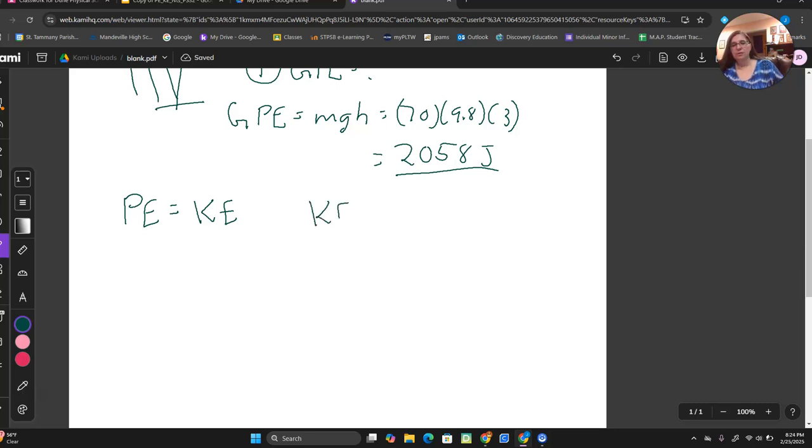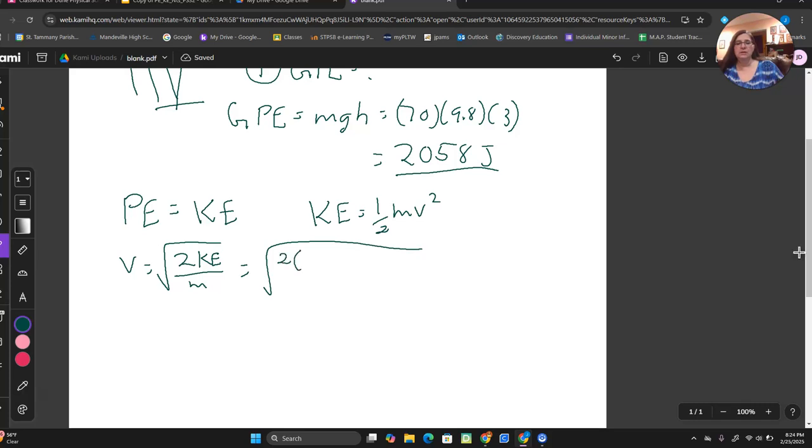We also know that kinetic energy is equal to 1/2 mv squared. So I'm going to rearrange this and solve for v, which I did in the last video. So the velocity is going to equal the square root of 2 times our kinetic energy divided by our mass. So square root of 2 times 2058 divided by 70.